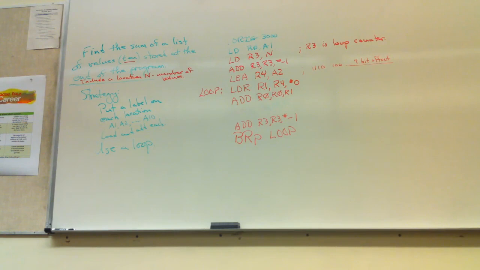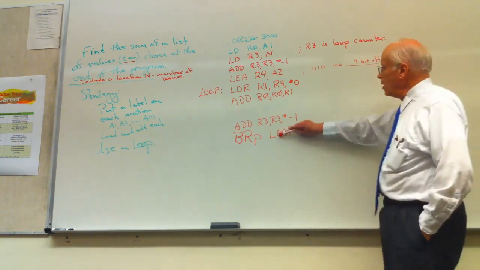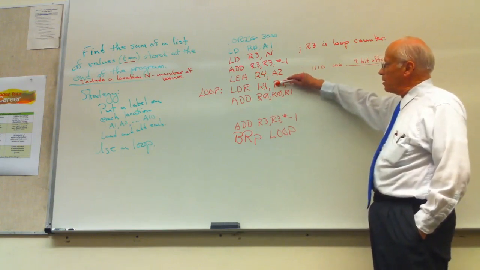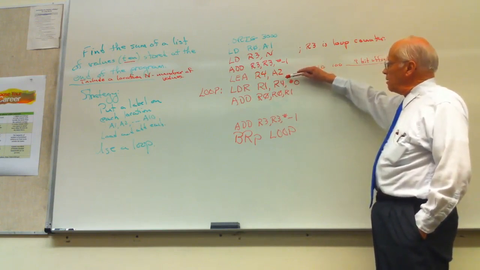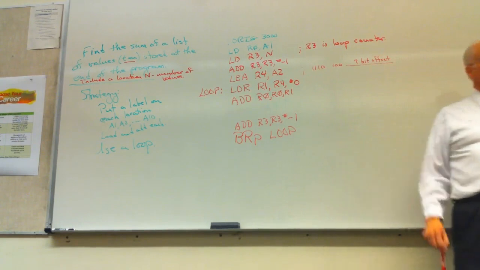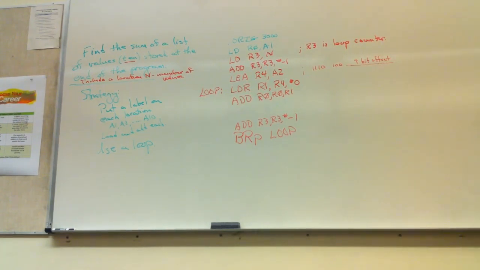Now, the problem here is, as I go back up here, I'm going to fetch the same value in. And I don't want to do that. I want to change that thing so that I go down to the next value.